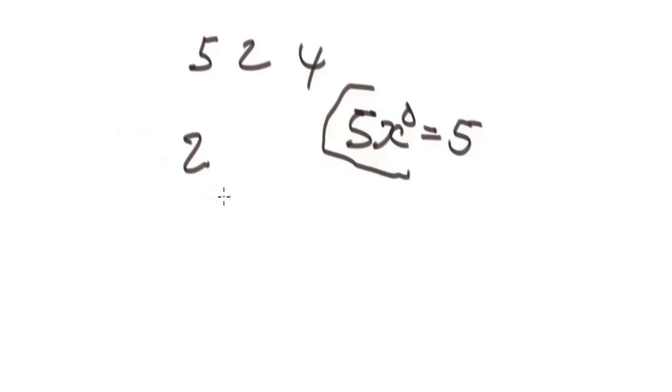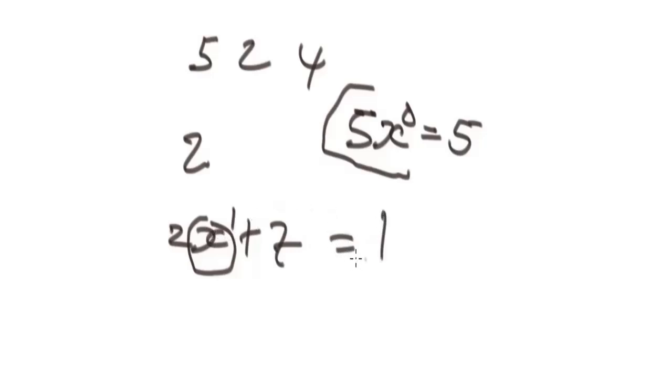The next polynomial we have after the constant is a linear polynomial. For instance, I have 2x plus 7. A linear polynomial is a polynomial in which the highest power of x is 1. In this polynomial, this is x, and the power of x here is 1. So the degree of a linear polynomial is 1.